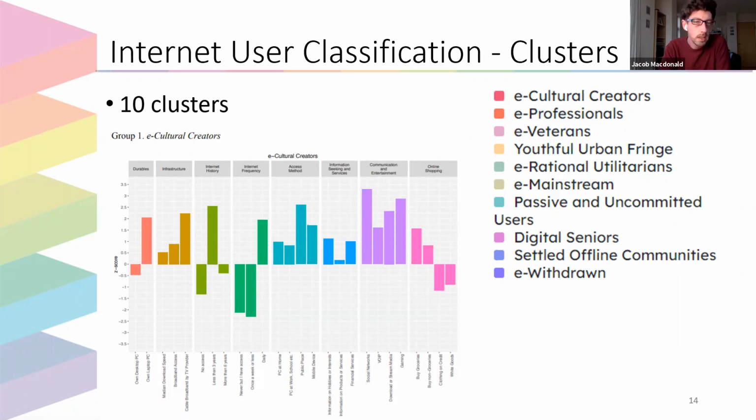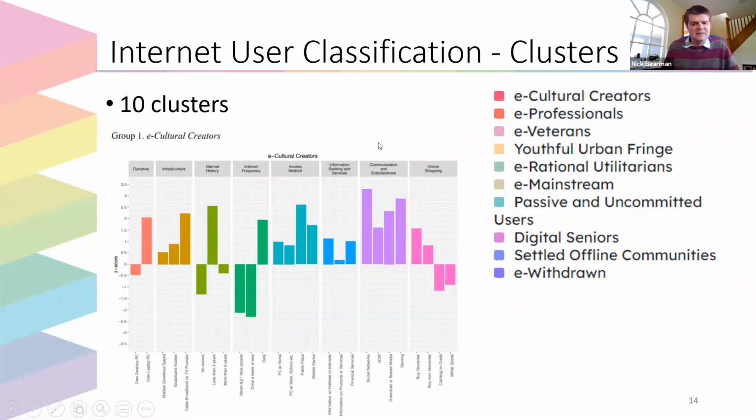What we can see with cultural creators, on the whole, is that the cluster group is much more likely to have their own laptop than their own desktop PC. These are the types of dynamics that we're going to be able to look at using the input data and then the output clusters.